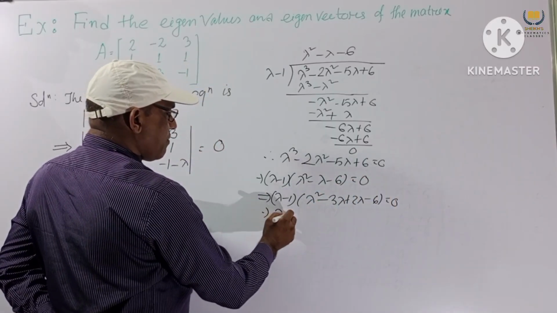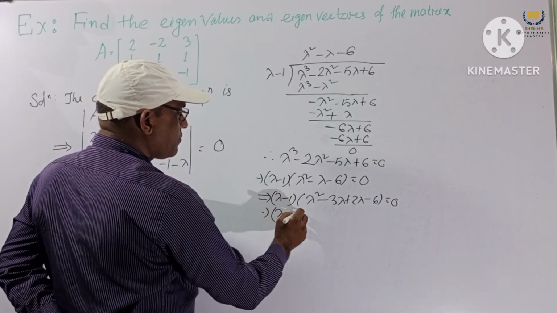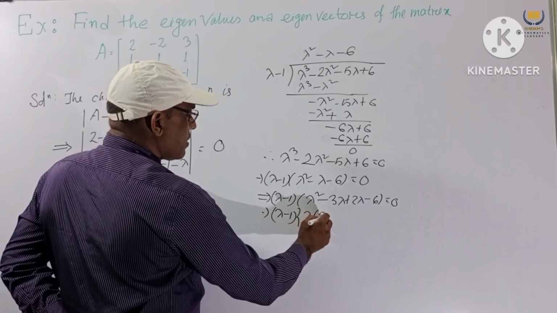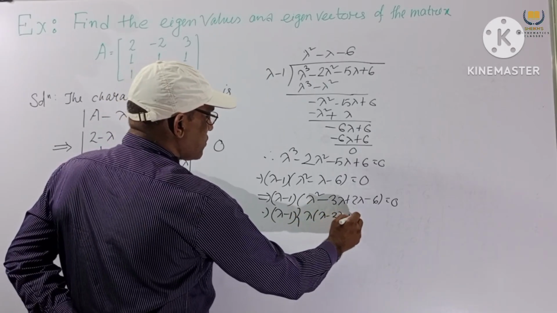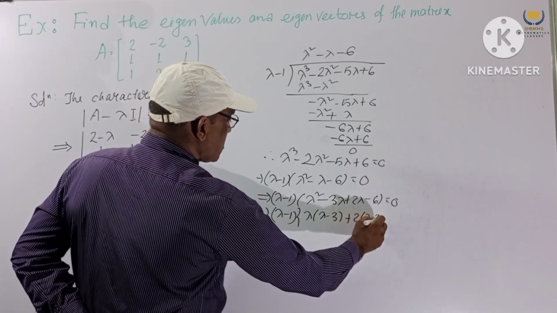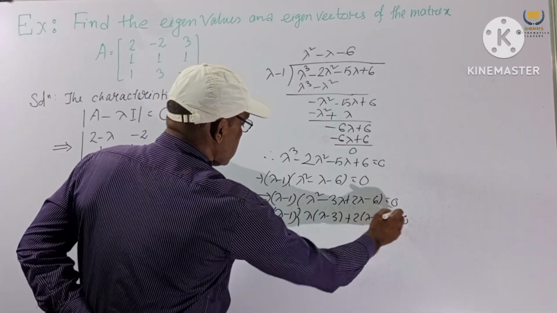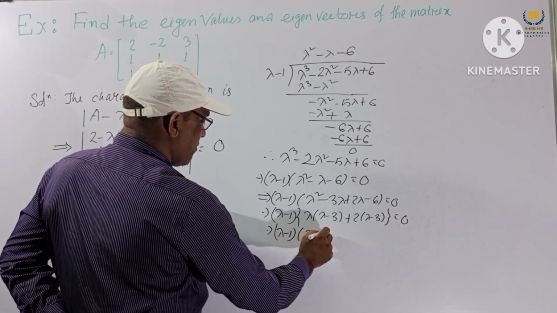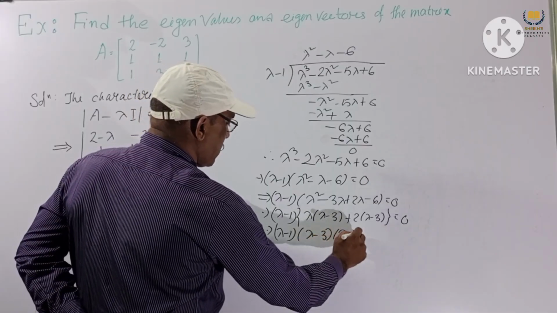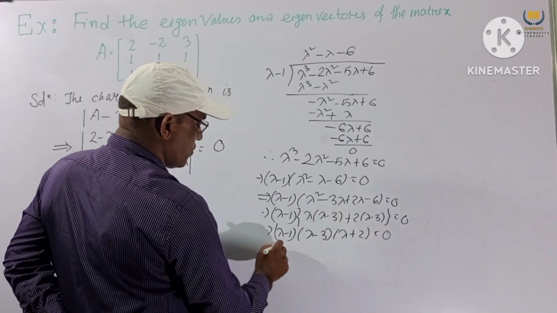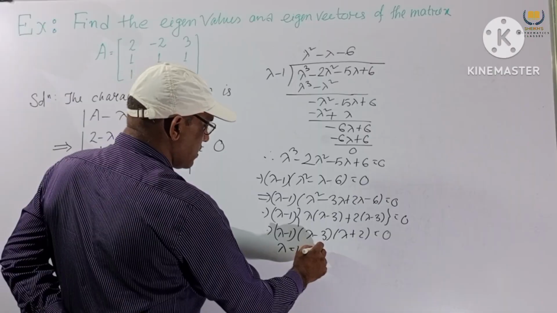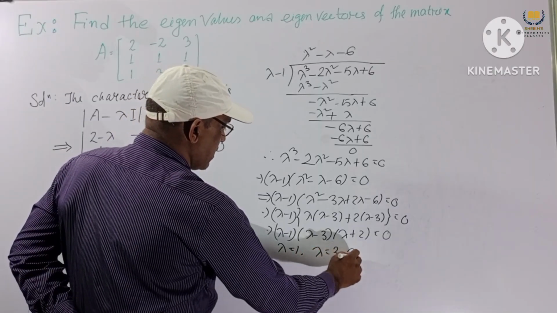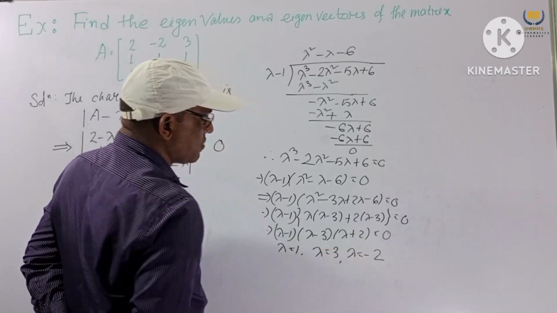So lambda minus 1, lambda common, lambda minus 3, plus 2 common, lambda minus 3 equal to 0. Lambda minus 1, lambda minus 3, lambda plus 2 equal to 0. So we get lambda equal to 1, lambda equal to 3, lambda equal to minus 2.